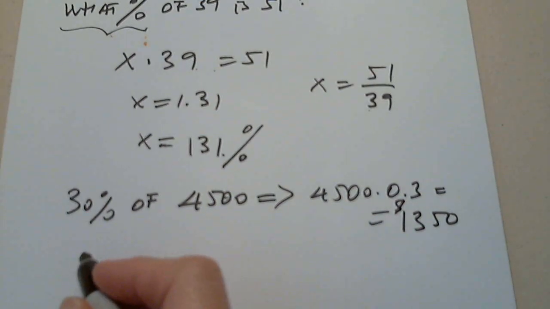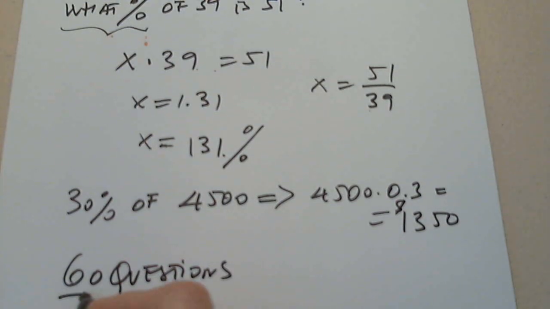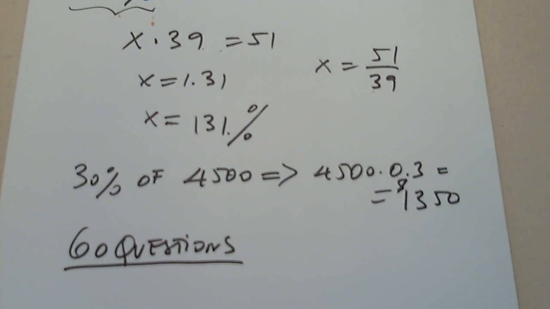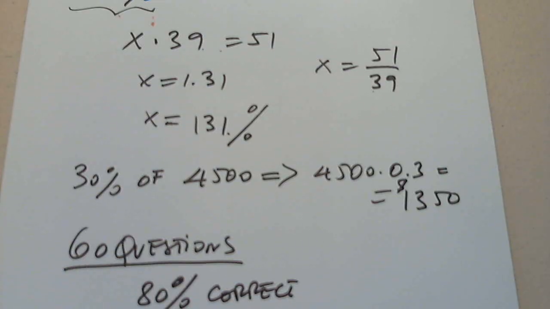Let's say there are 60 questions on a test, and I tell you that I only answered 80% correct. How many questions did I answer correctly? So I told you I took a test of 60 questions and I got 80% correct. 60 times 0.8.